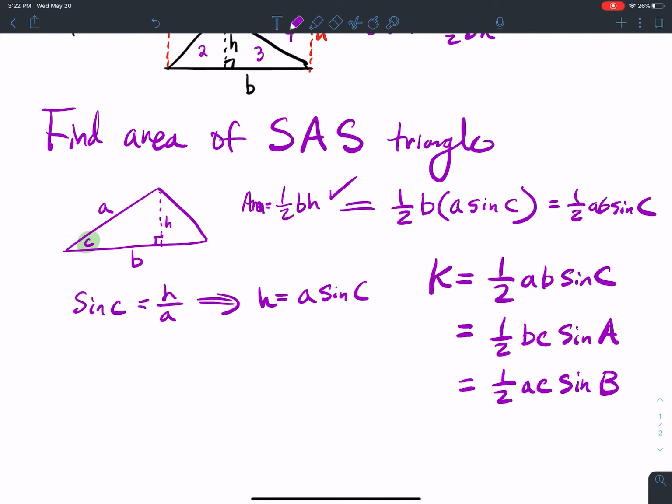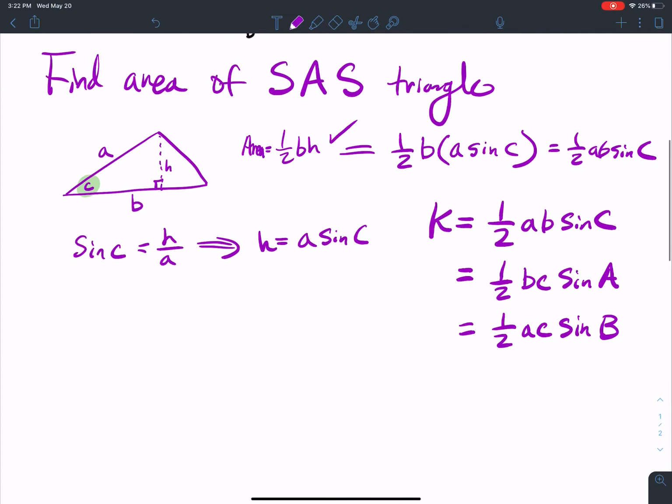Dropping altitudes from the other two vertices leads to these other two here. Now it's easiest to remember these formulas from the wording.